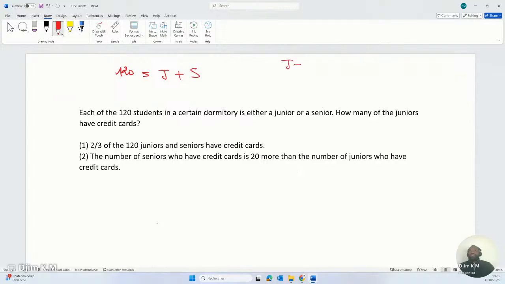J is the number of junior students, and S is equal to the number of senior students.